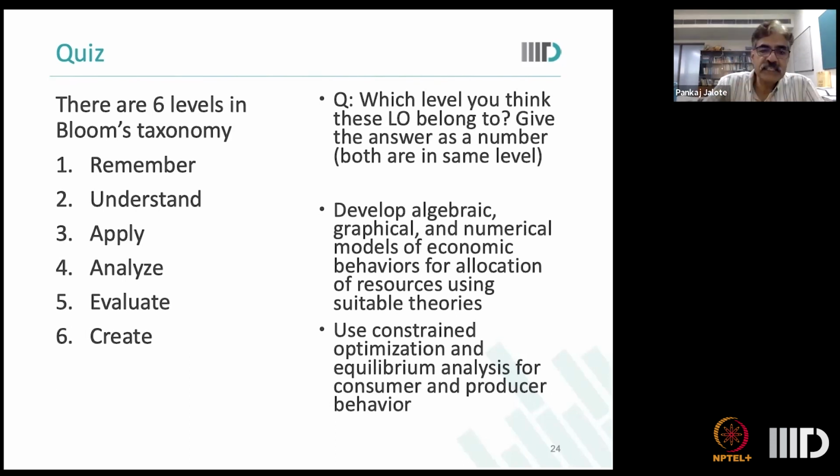I've given you the 6 levels here. On the right side, there are 2 learning outcomes mentioned at the bottom. Please tell what level they belong to. Type in a number in the chat box.